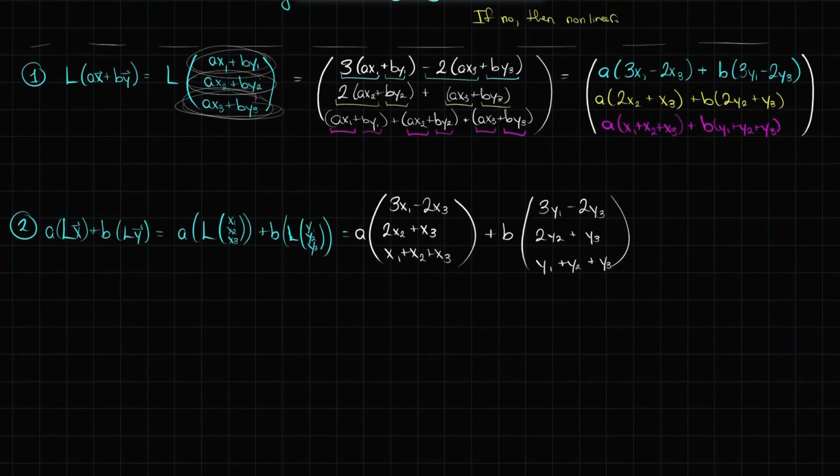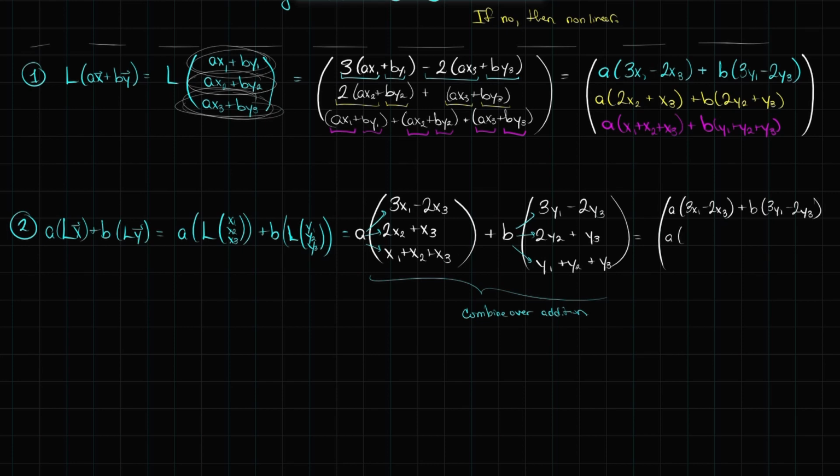If I go ahead and simplify, in all these cases I'm supposed to simplify, in that case I'm going to distribute A and B as well as combine over addition. The result that I'm going to get from doing those two processes is an A against 3x1 minus 2x3, and I'm combining this with the B case, so B, 3y1 minus 2y3.